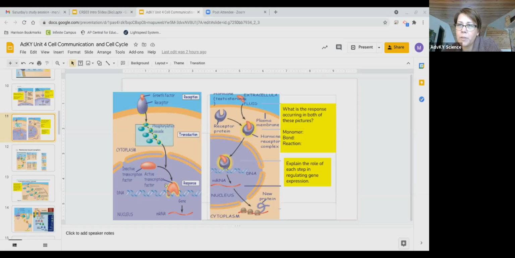All right, so most of you did really good. That answered that question. And then the last one, so again, you want to focus on this picture where they're showing you response. So what's the role here in regulating gene expression?